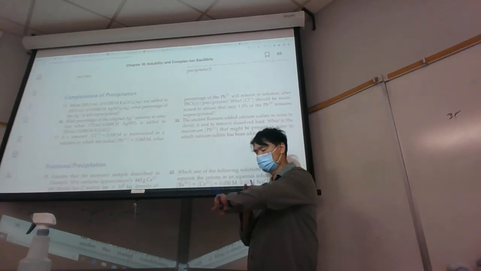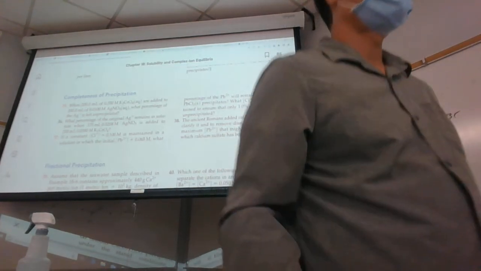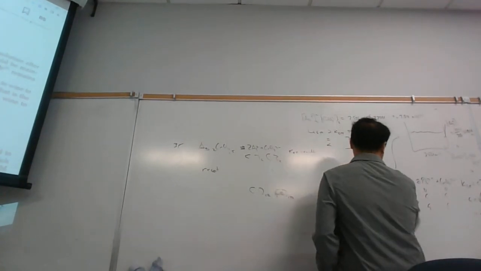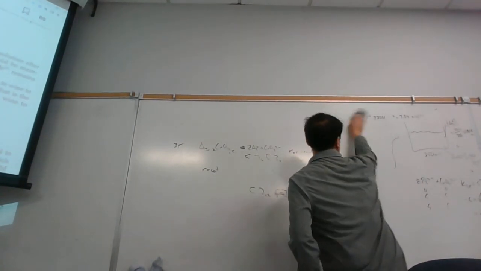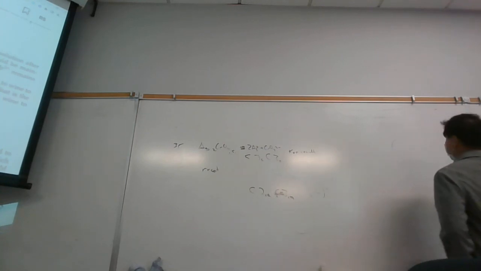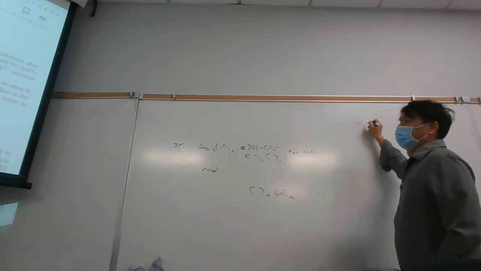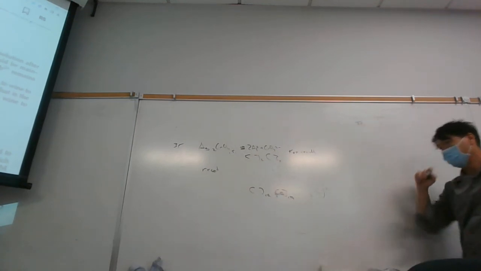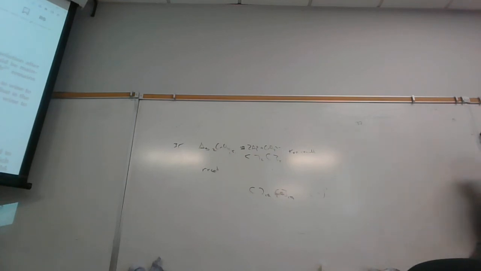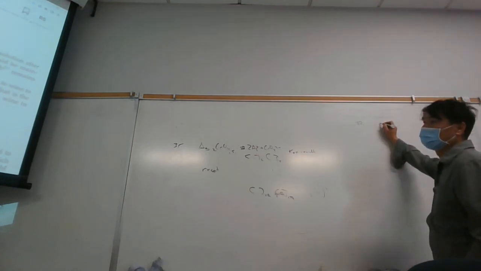37 is different. In problem 37, we're trying to control how much precipitates. And so we only want 1% to remain. But in order to do that, we can't make the problem too hard.